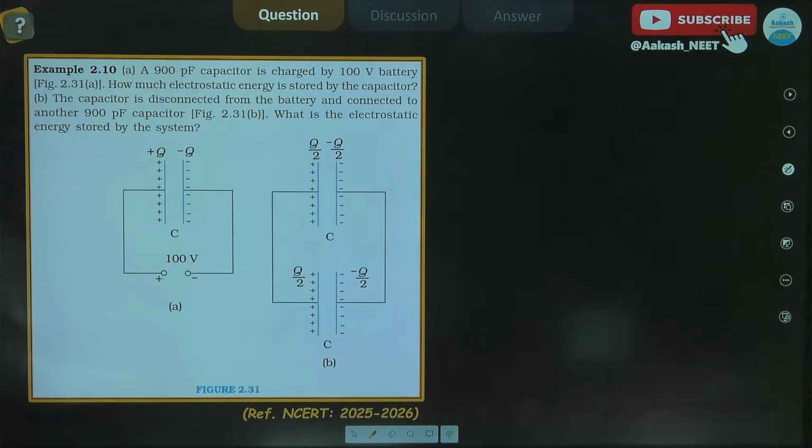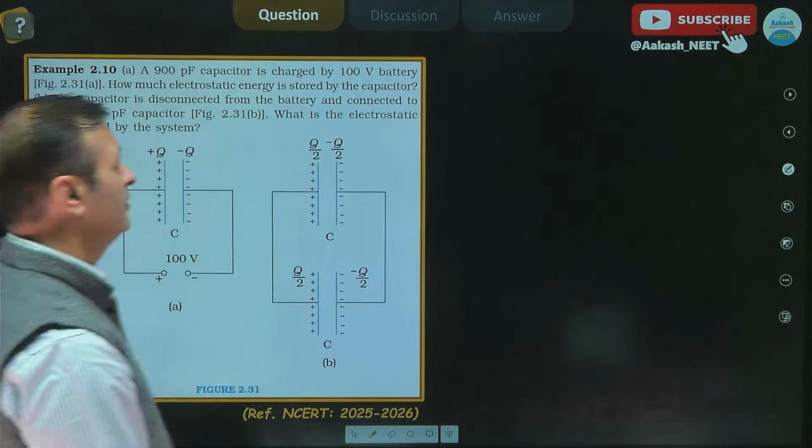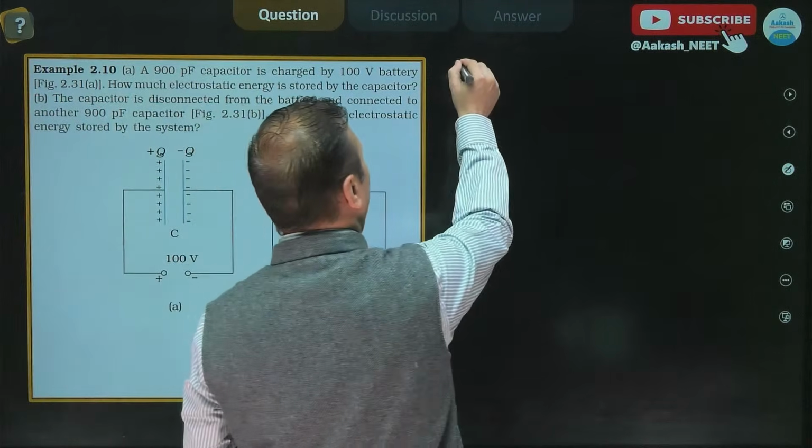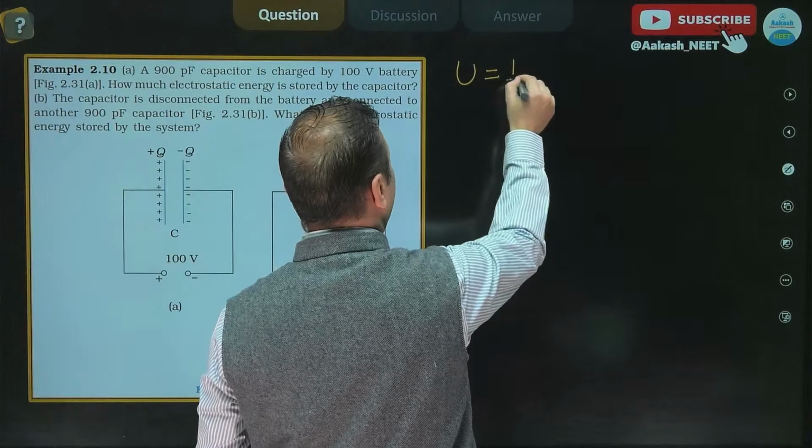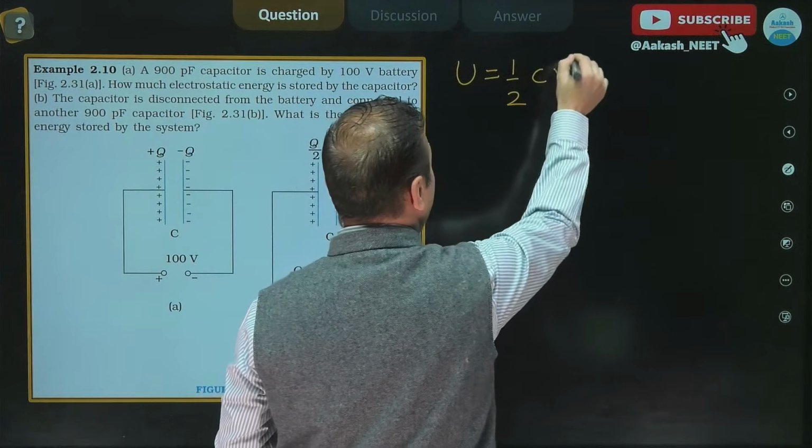Now we have another question: a 900 picofarad capacitor is charged by a 100 volt battery. How much electrostatic energy is stored by the capacitor? So we know electrostatic energy stored by the capacitor is half CV square.